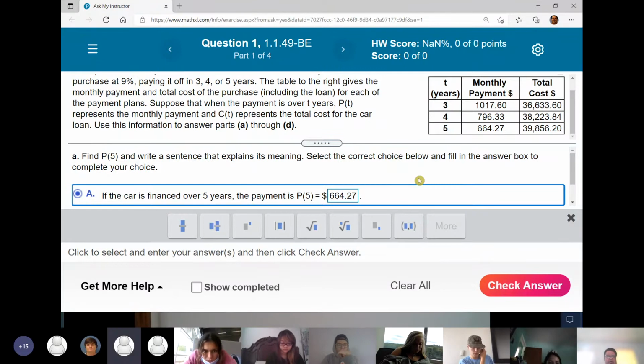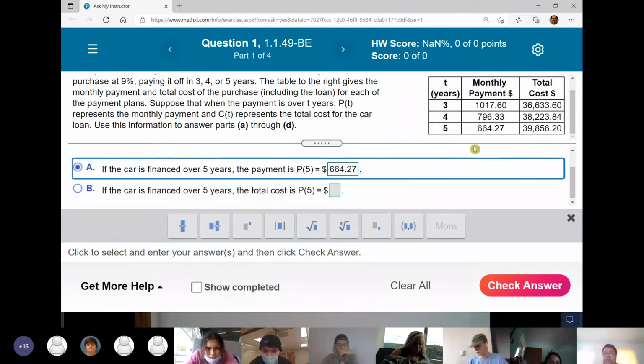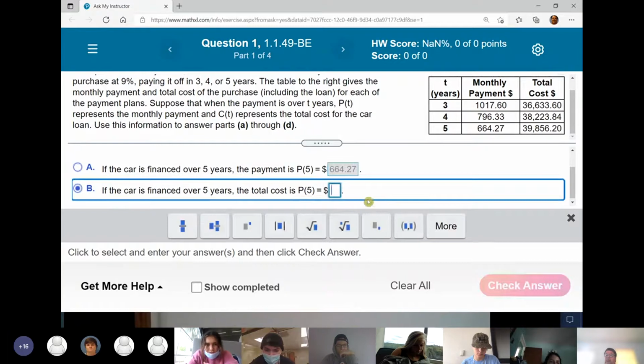I think you're just supposed to use the chart like you're doing. I know, but there's two possible answers there. Am I not correct? You are. It says the payment, so the monthly payment would be $664, and the total cost would be the $39,856. Yeah, but you can't choose both of them.